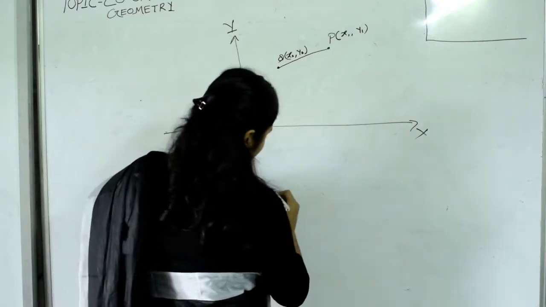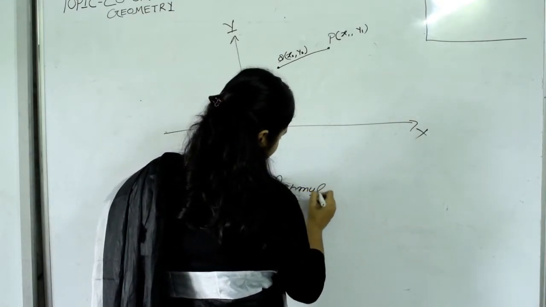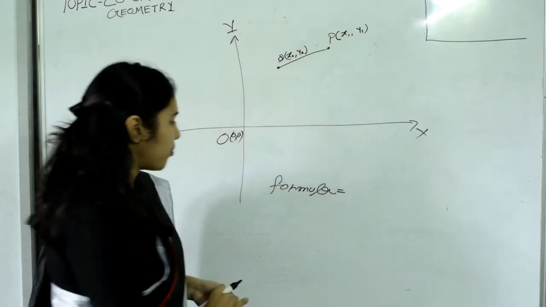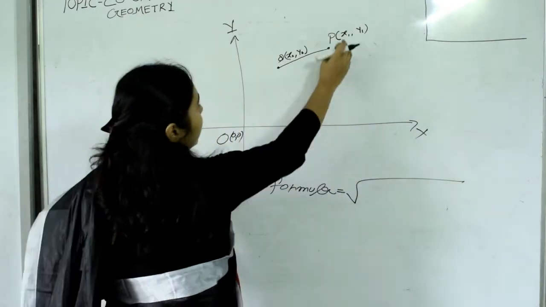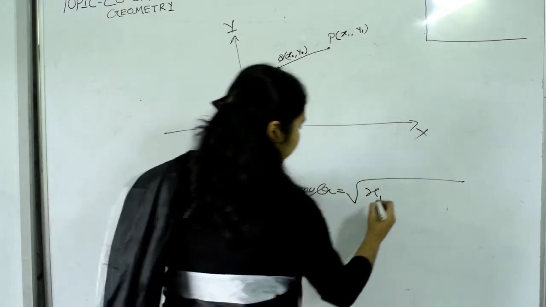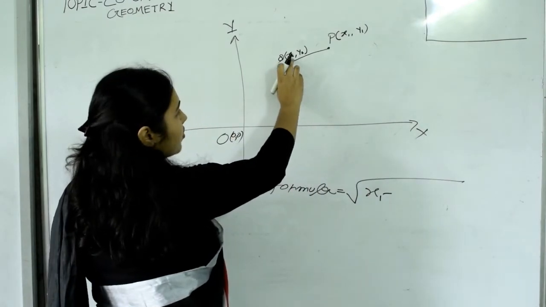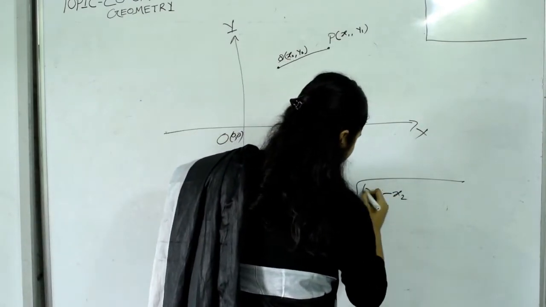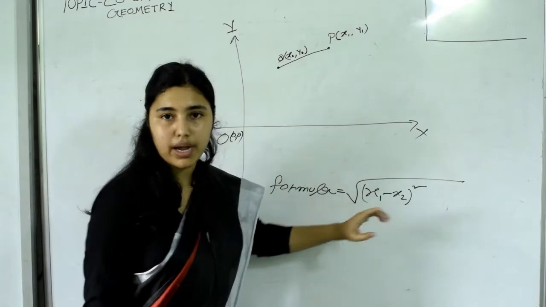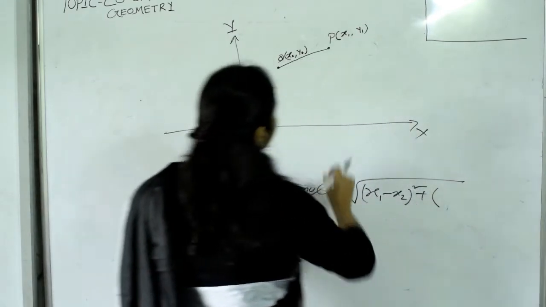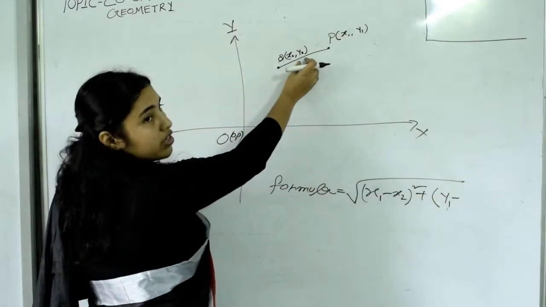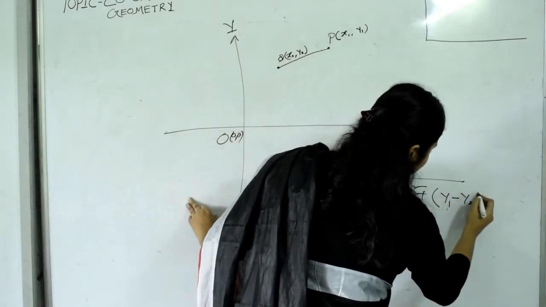So the formula for the distance between these 2 points P and Q is: root over, take x1, the abscissa of the point P, minus the x coordinate of point Q, x2, the square of the difference x1 minus x2, plus take the ordinate of point P, which is y1, minus the ordinate of point Q, which is y2.